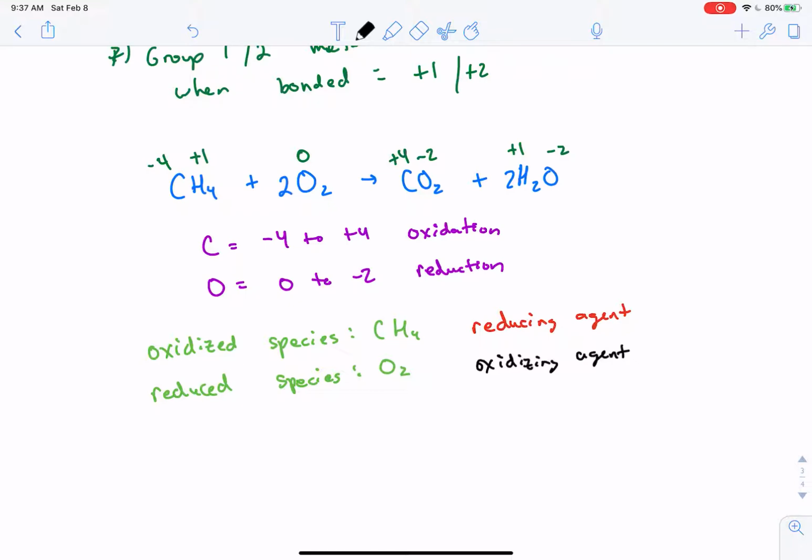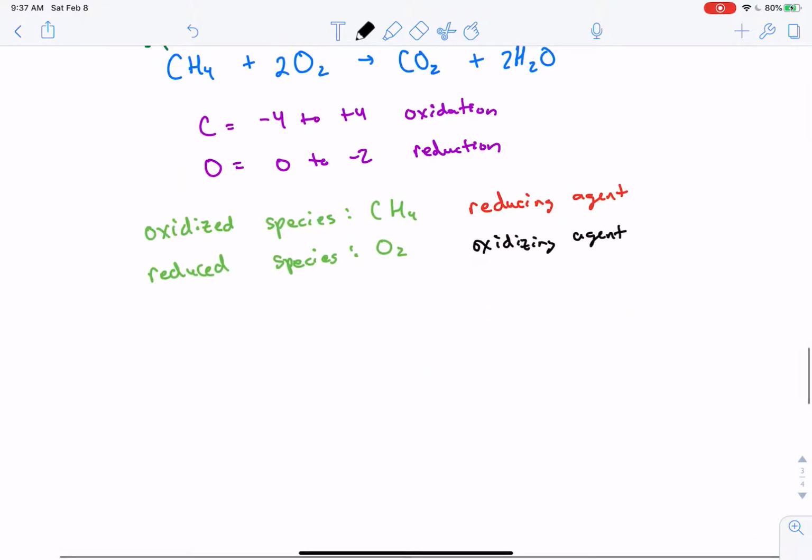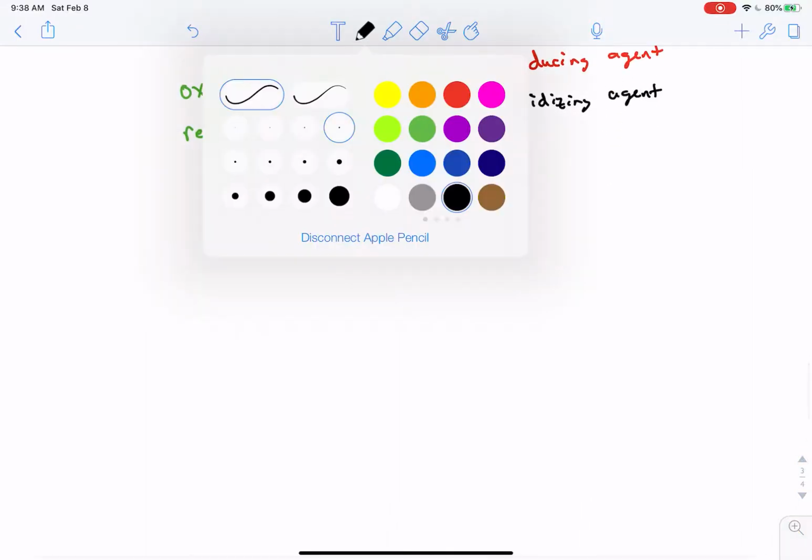Can the oxidation numbers be different? Yes, that's a whole different story. What Chloe's asking is, can an element undergo oxidation and reduction? Yes, it can. That's a unique reaction called a disproportionation reaction. Let's see if I can remember this off the top of my head.